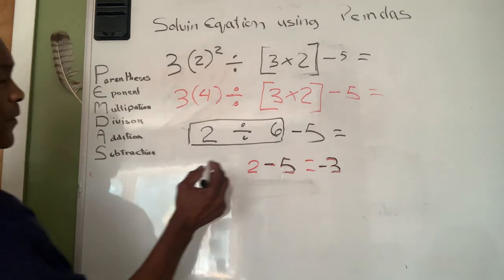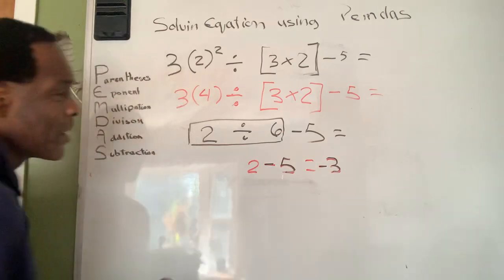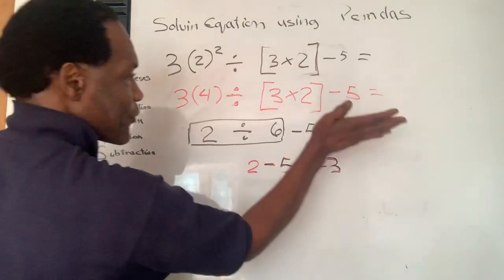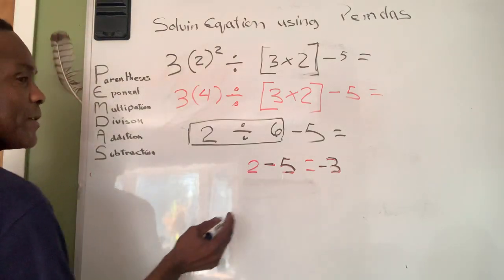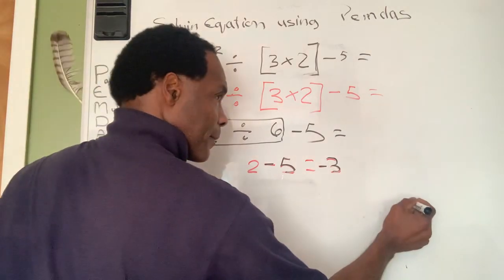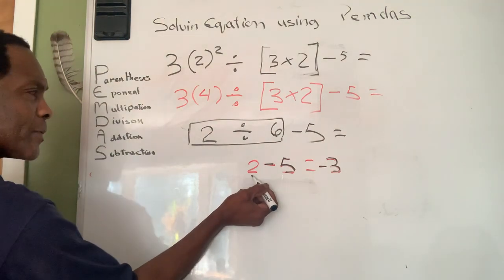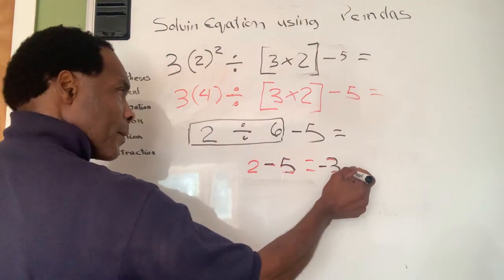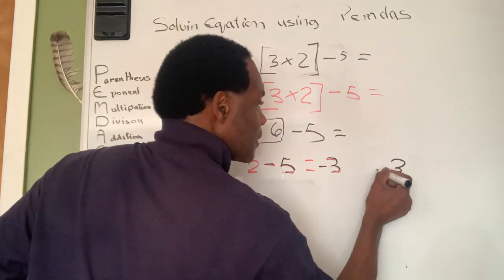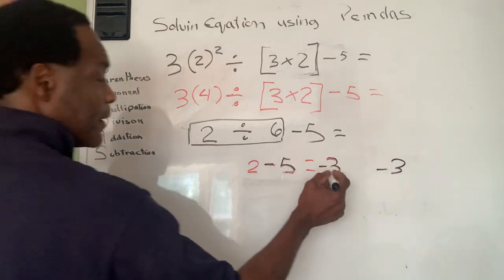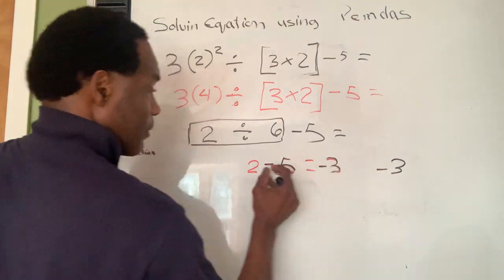Because really and truly, even though it's negative 5, you are doing the inverse. So negative 5 means that you are broke, you have no money. So if you give me $2, you still owe me 3. So you are still 3 in the red. It's negative. That's your answer to this problem.